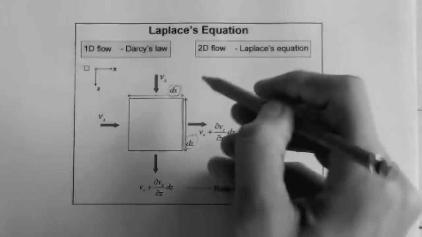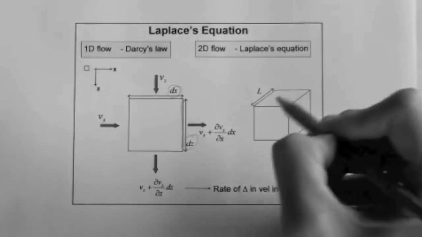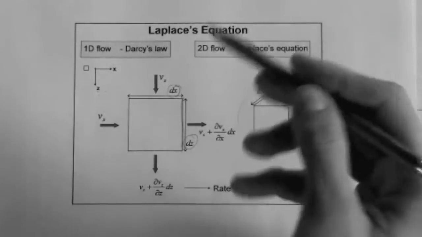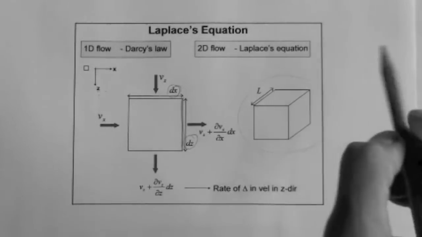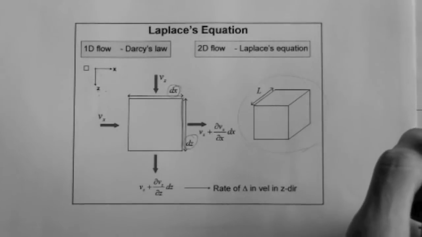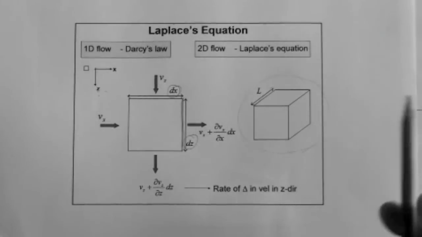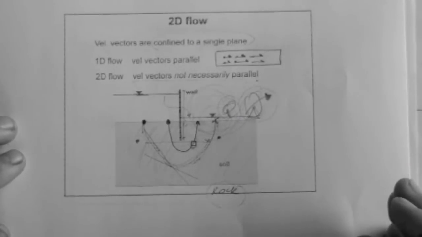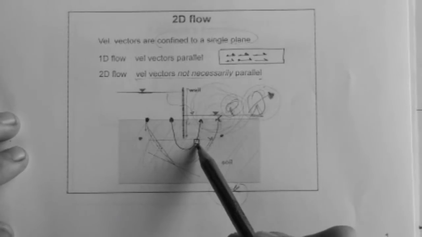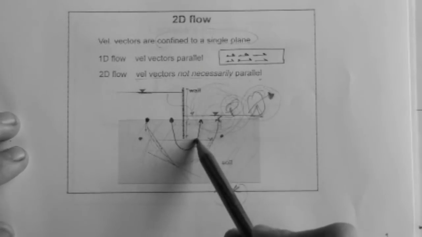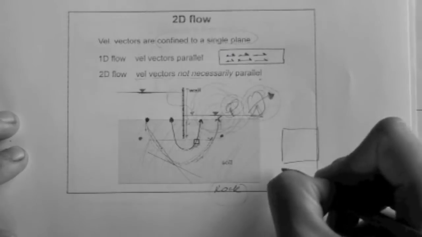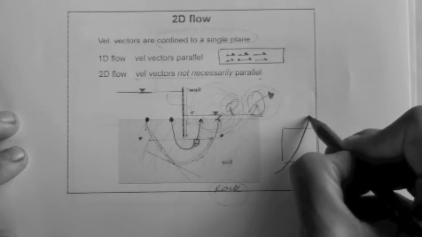We're going to say that the length of the point into the page is L. So this is like a 3D view of the point. All right, now let's look at the velocities. If we look at this slide right here, you can see that the flow line, the trajectory, is passing through the point at some kind of an angle like this.